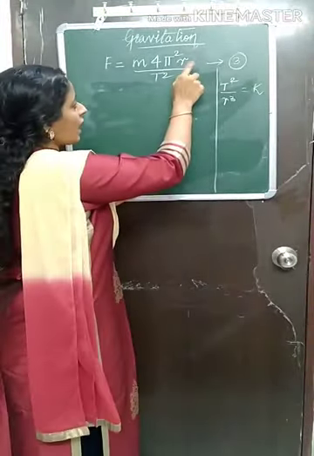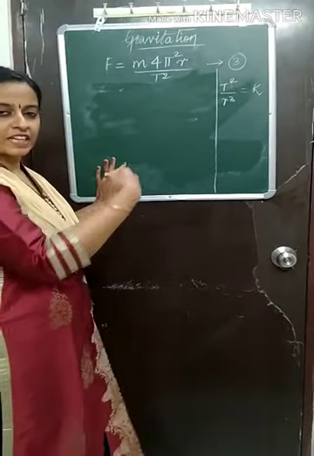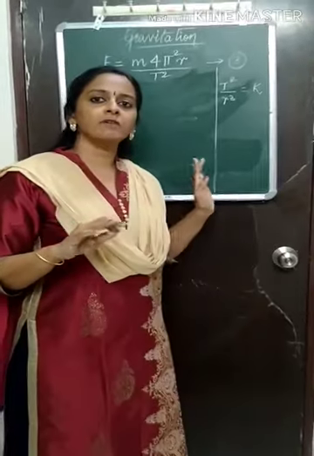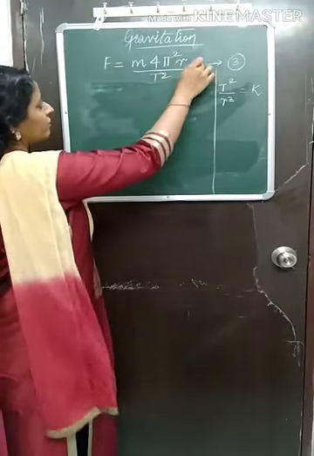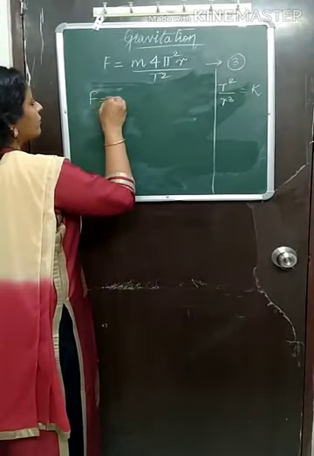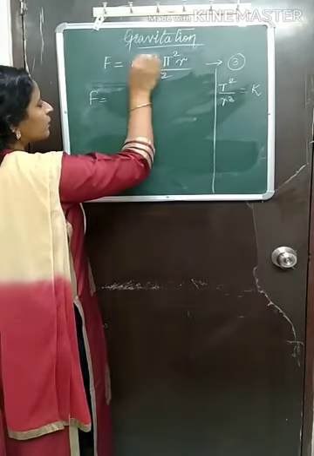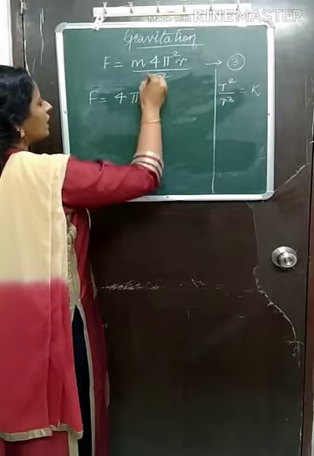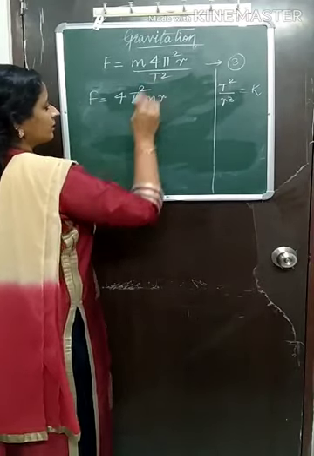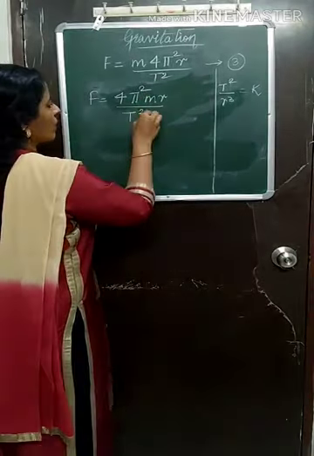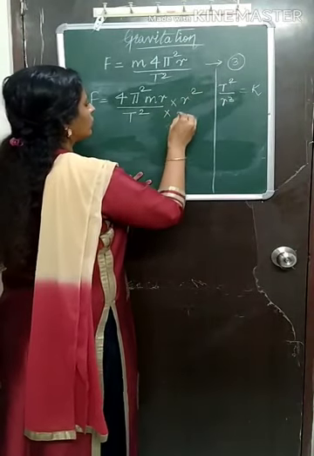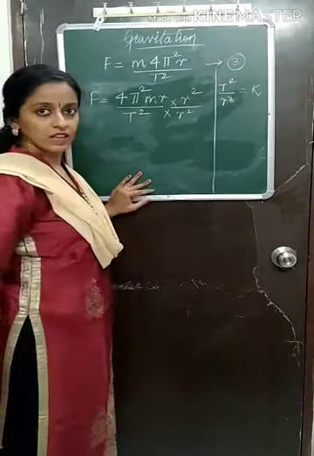So when you multiply and divide by r square, what did you get? F is equal to 4 pi square m r upon t square. Up also you multiplied by r square, down also you divided by r square. Correct?